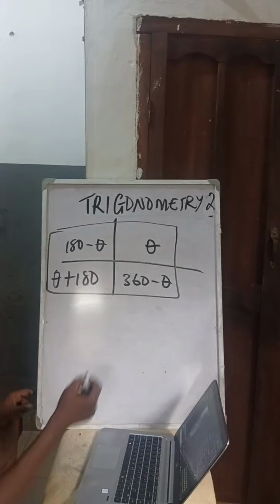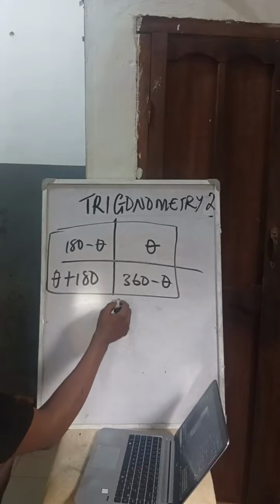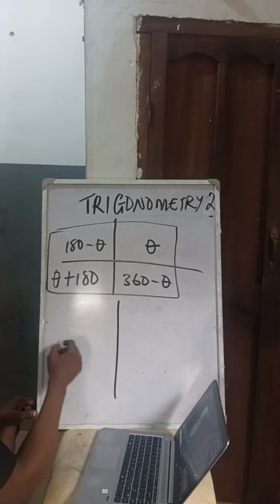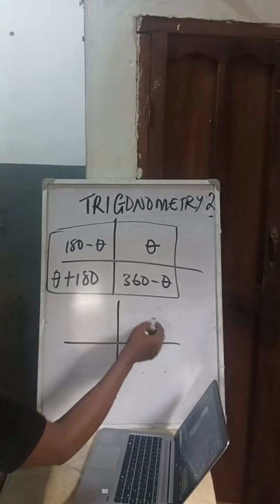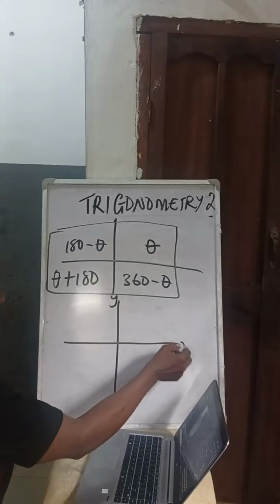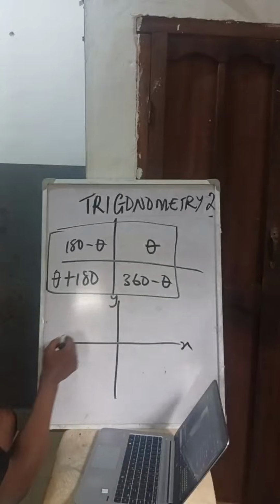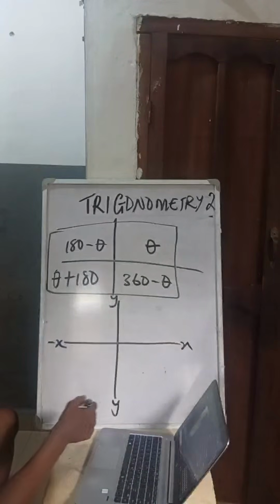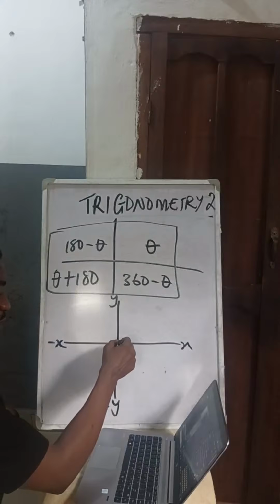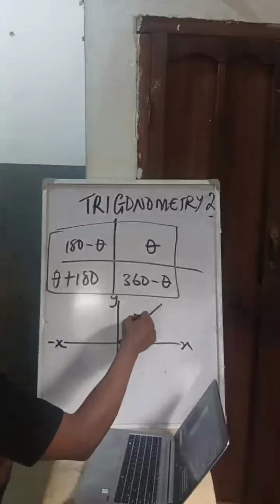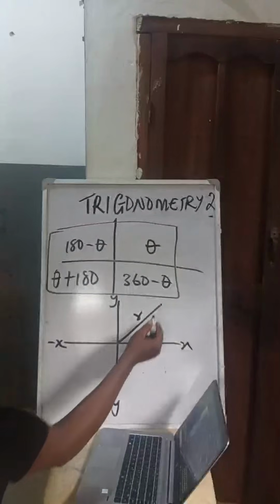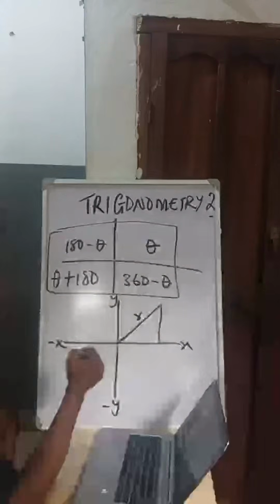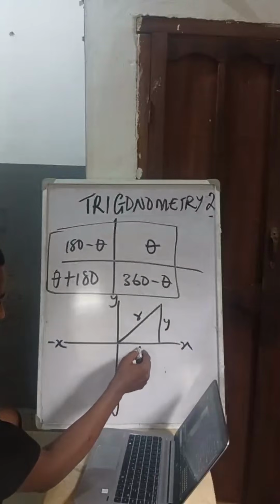The next point is this. We have all, let's call x here, y here, minus x and y. And we've already known that this is R. This forms y and x.